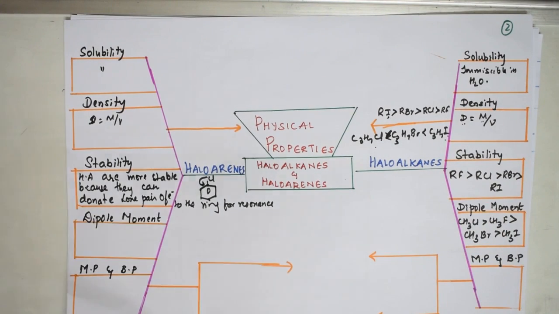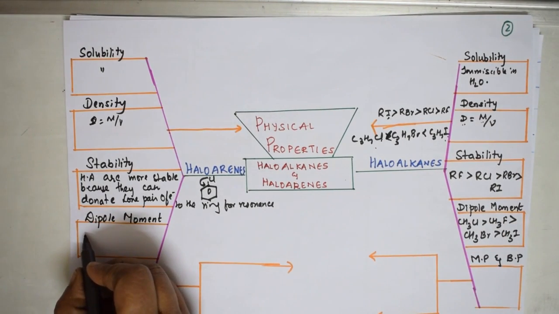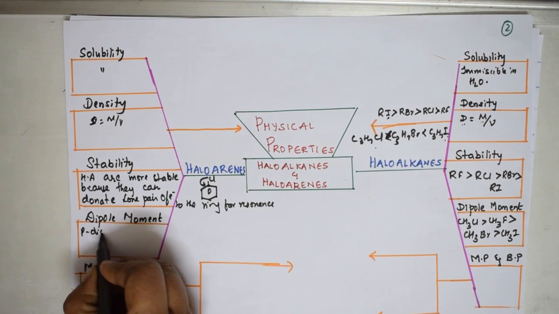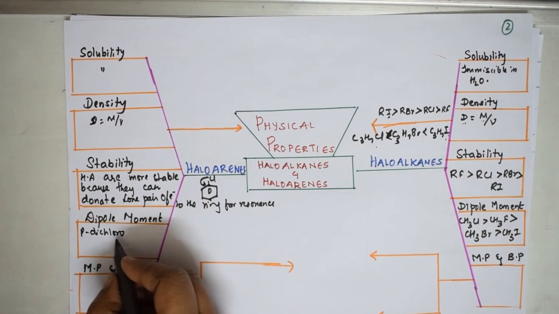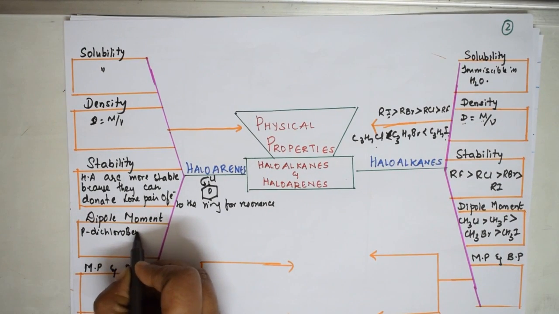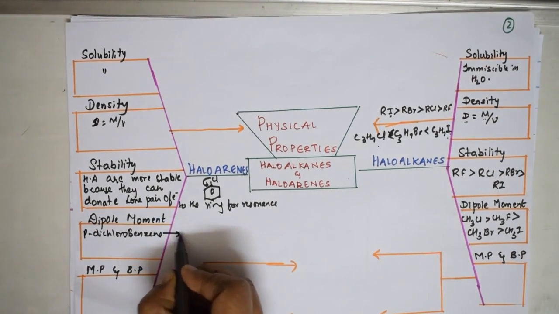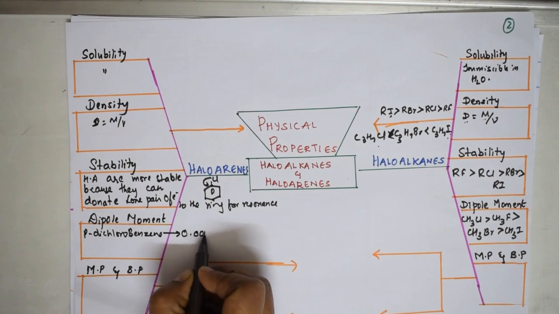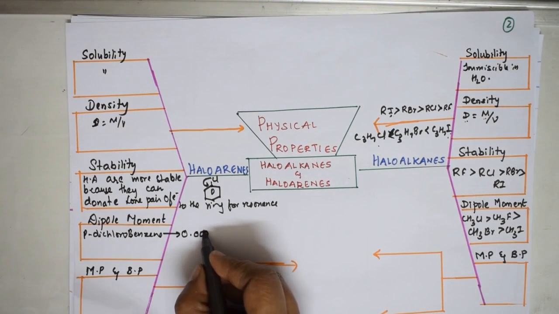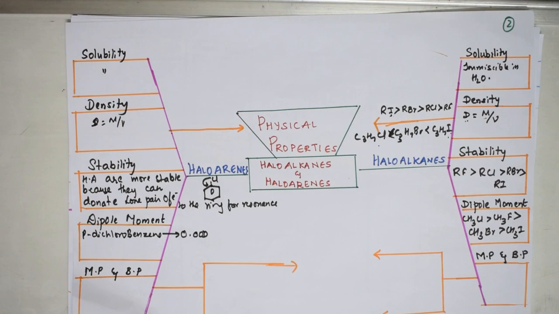Now when it comes to haloarenes dipole moment, just see para dichlorobenzene. What is the dipole moment? 0.00 D. The para dichlorobenzene doesn't have a dipole moment, it is 0, right?